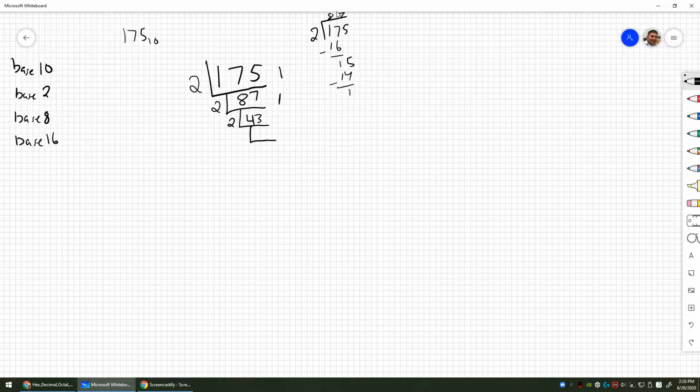So now I'm going to do 43 divided by 2. That's going to be a 21, I believe. 21 times 2 is 42. So I have another remainder of 1. I'm going to do it again. 21 divided by 2 is going to be a 10. 10 times 2 is 20. I still have 1 remainder.